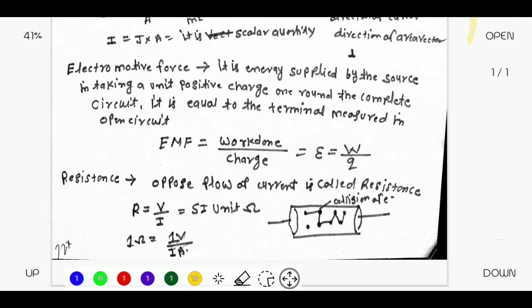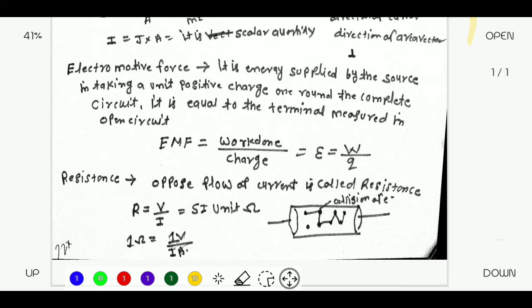We can say EMF, electromotive force, is the energy applied by the source to take one charge completely around the circuit. This is called electromotive force, and it is generally measured in open circuit.